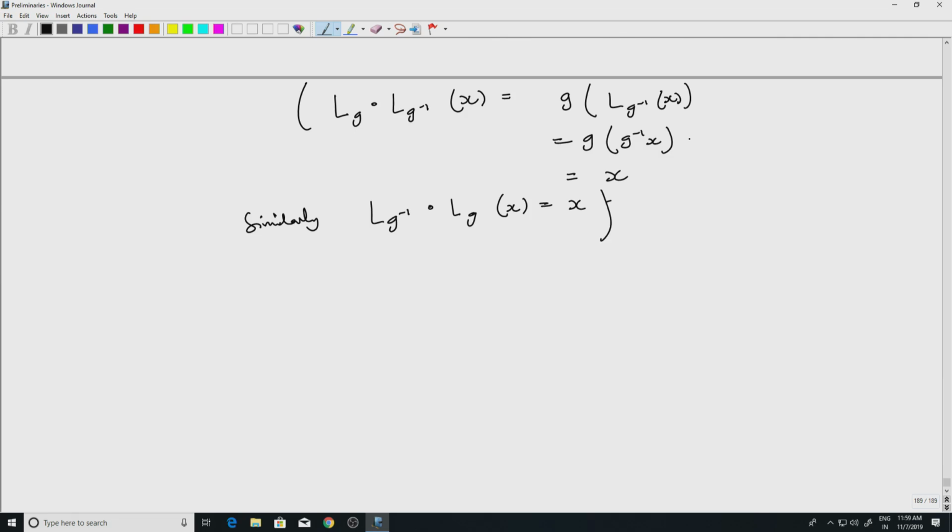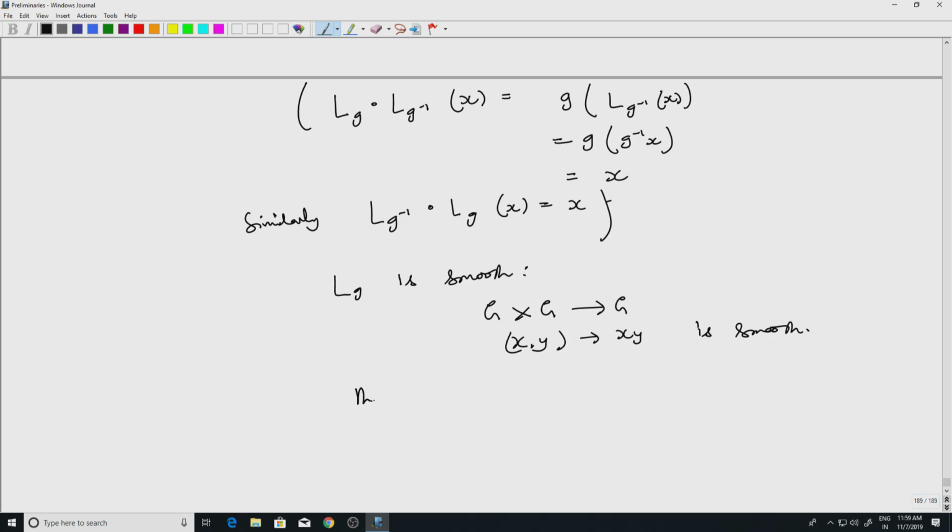Now as for smoothness, we would proceed as follows. We know that the map from G cross G to G, (x,y) going to xy, is smooth by the definition of a Lie group.